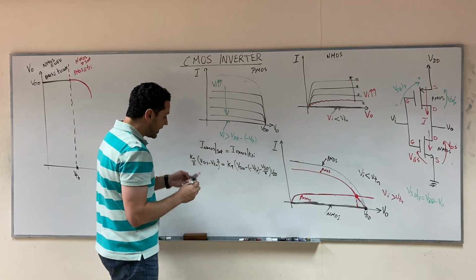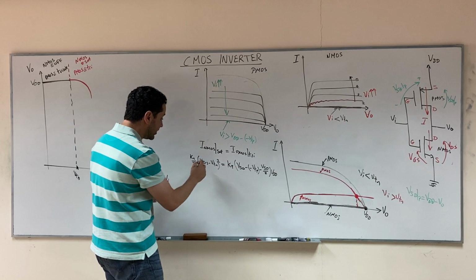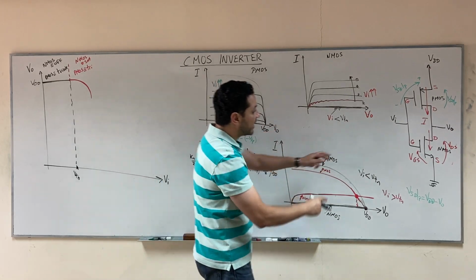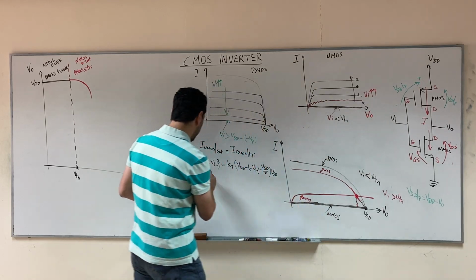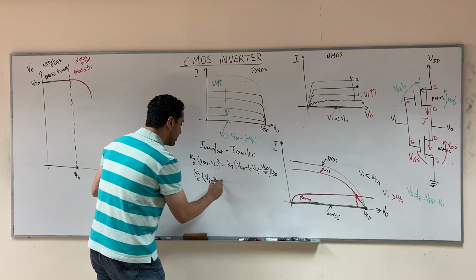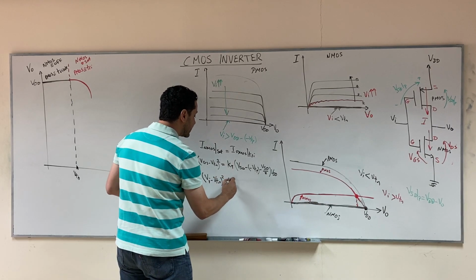And then you replace VGS of the NMOS, which is the same as V input. So you replace VGS with V input minus V threshold squared, equals Kp.